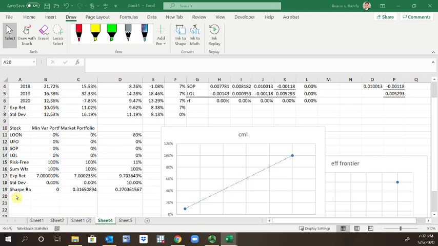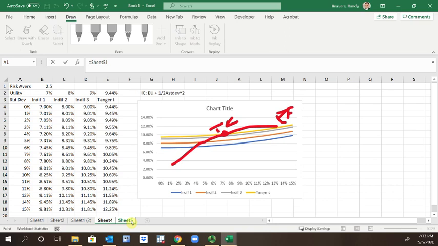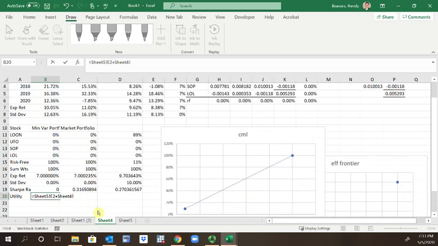So given this particular data, if I wanted to calculate utility, that's going to be equal to, we said this was the expected utility plus, and then go back, this will be 0.5 times the expected return times the standard deviation caret 2.